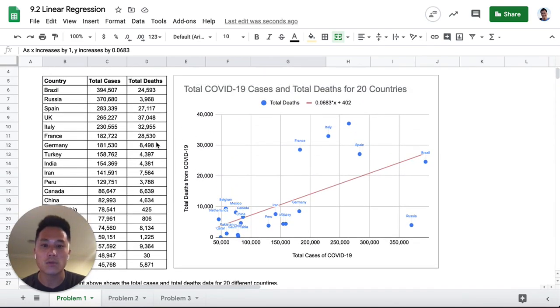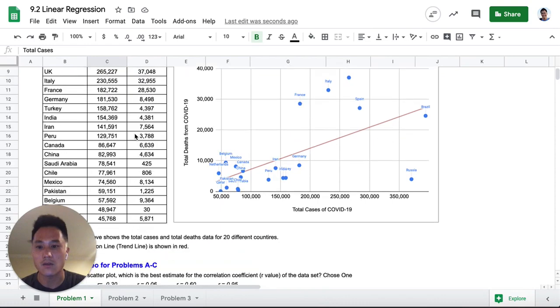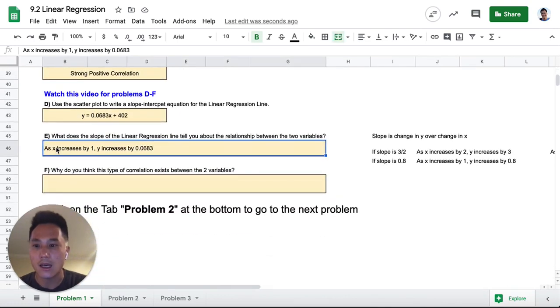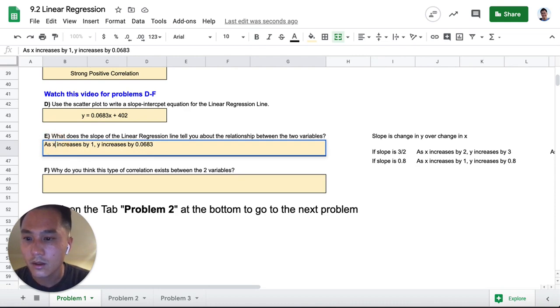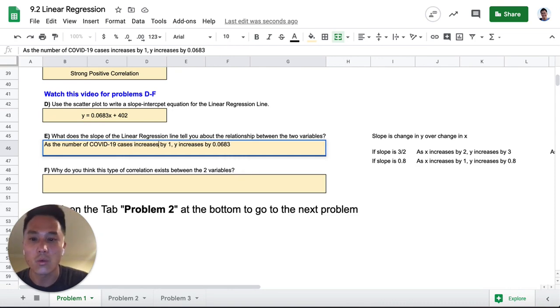Well, what does x represent in our situation here? X-axis is the total cases of COVID-19. Right? Total cases is the x value. So now I can say, instead of x, as the number of COVID-19 cases increases by 1, then whatever the y is increases by 0.0683.